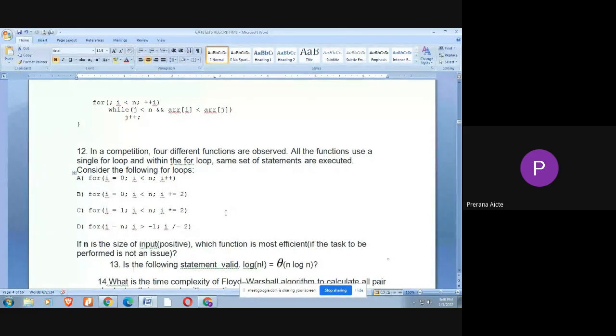So if we consider which is the most efficient among the functions, it's based on order of n, order of n by 2, order of log n. Efficient in the sense of taking the least time, so it is going to be order of log n. So we will consider option C as the best case.